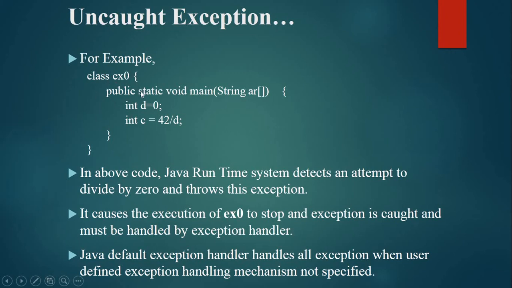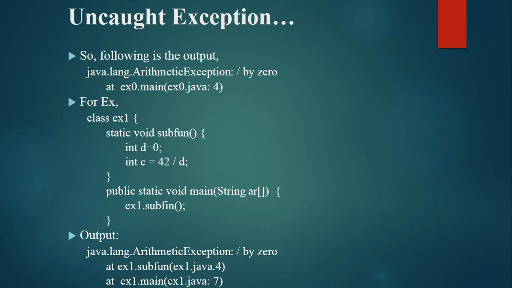So in this type of situation we will have to implement our exception handling mechanism, meaning we will have to implement our try and catch blocks. Here you can see we have our Ex1 class. In it we have the main method. In it we are calling the method subroutine, and in it again we have a divide by 0 exception.